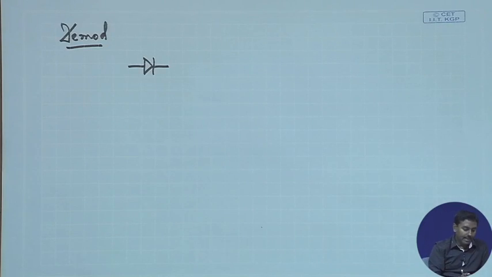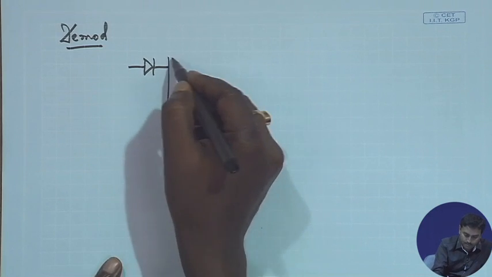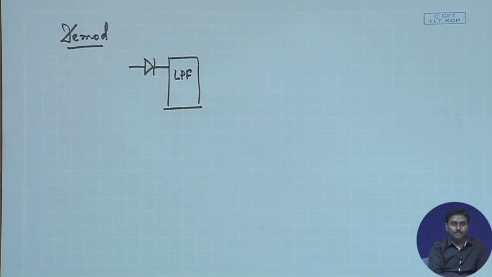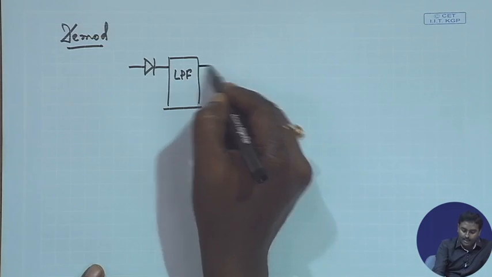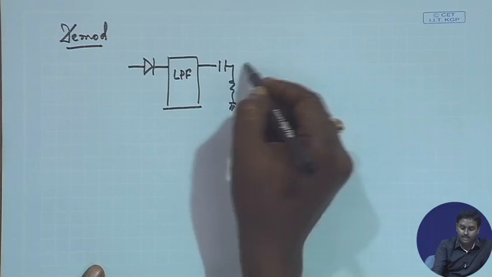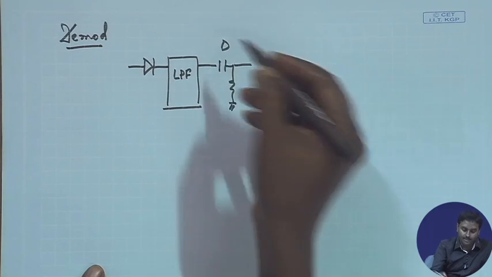After passing it through a diode, I will pass it through a low pass filter, and then through a capacitor followed by a resistor, which is nothing but a DC blocker. We will see why that is required.